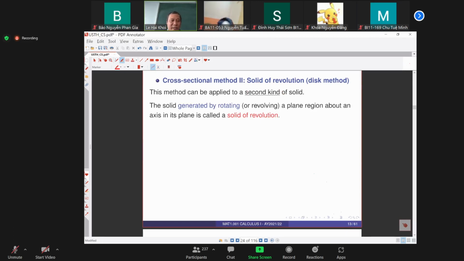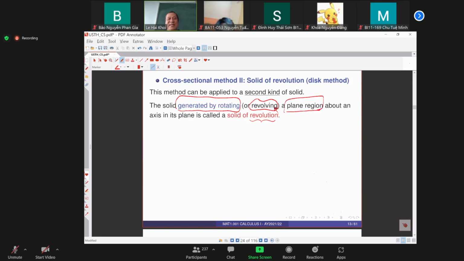The solid generated by rotating, or sometimes we use the word revolving. That's why we have the so-called solid of revolution. It comes from here: this is a plane, a region on the plane.